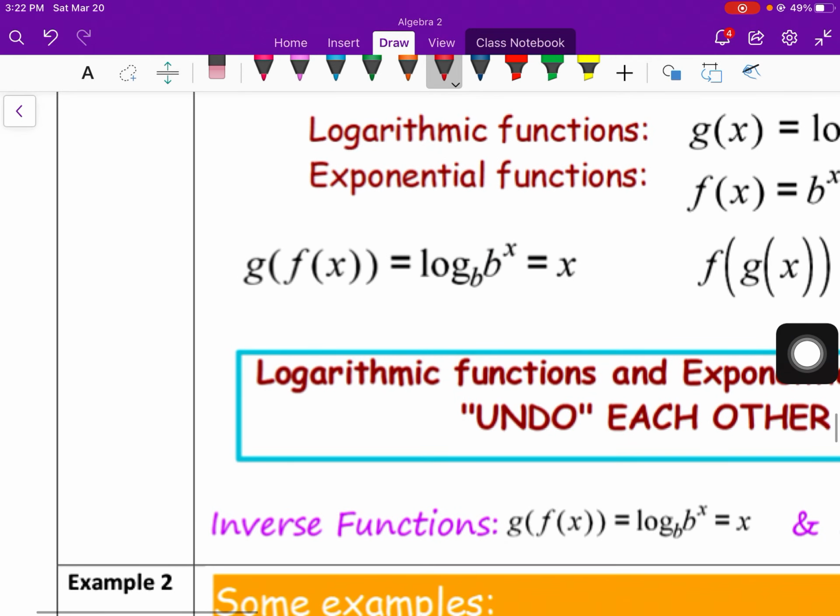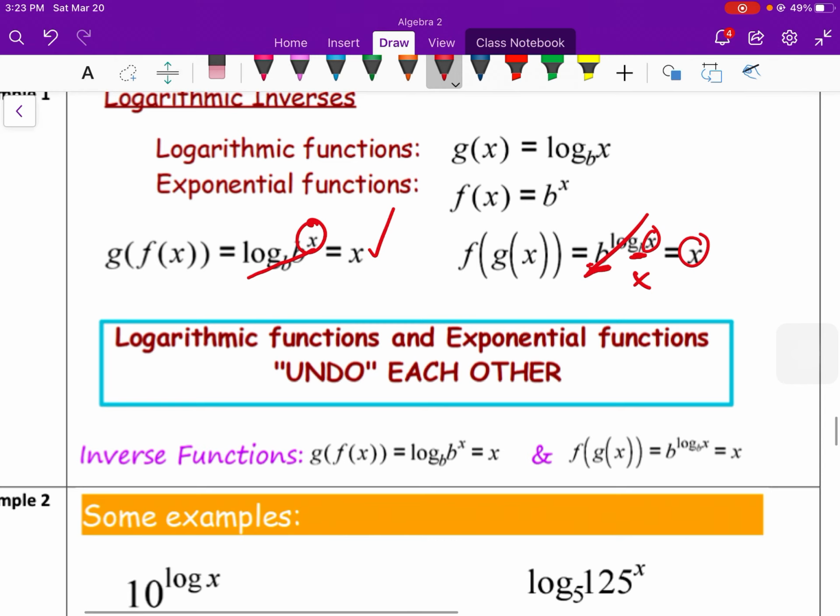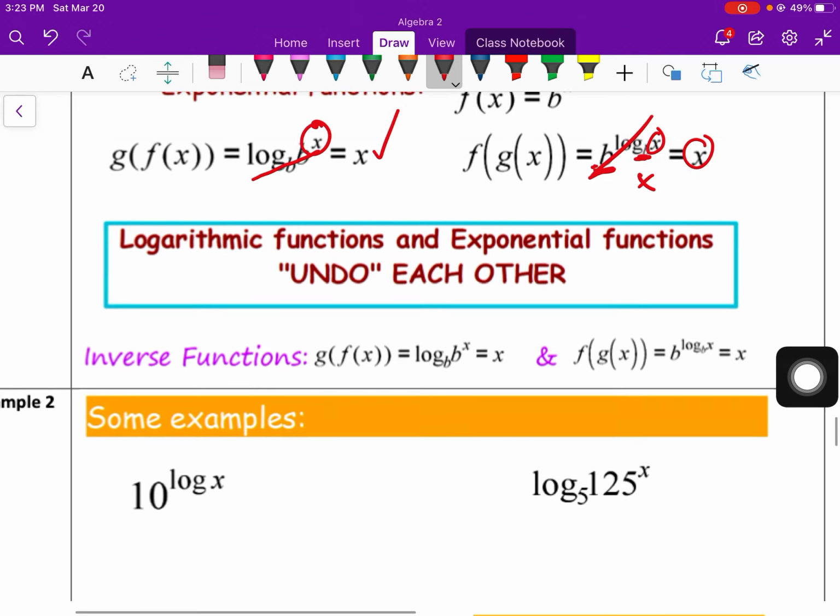So what happens here is basically these simplify, and all that's left is x. And the same thing over here, where we have a common base for both, b to the log base b of x equals x, simplifies, so it just equals x. So yeah, they undo each other, it simplifies to just x. So that's how we can see that they're inverses.